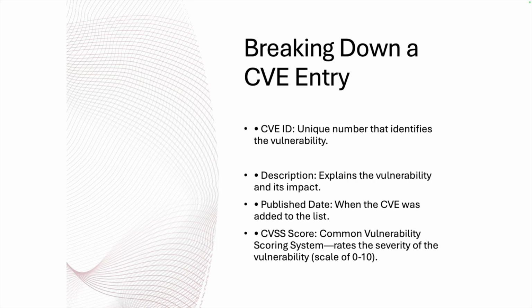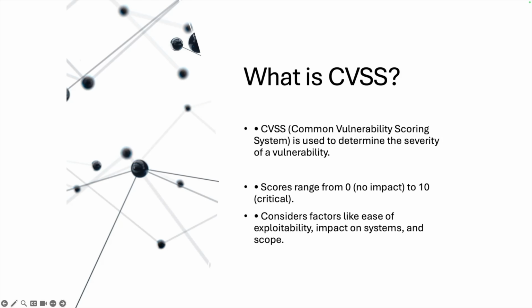Let's get into what CVSS is. CVSS is the score that is attached to each of these vulnerabilities. And it ranges from 0 to 10. It considers so many factors to come out with the score. The first factor that we can talk about is the exploitation, the impact on the system, and it also looks at the scope.